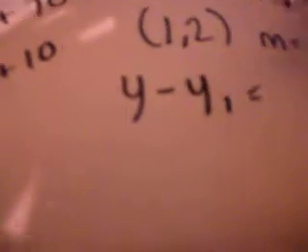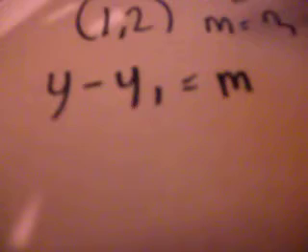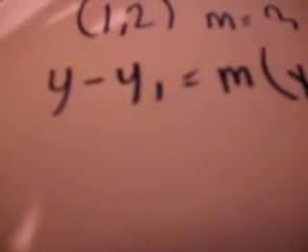And the last thing they can give you would be, here is a point, (1, 2), and slope is 3, write an equation. The equation for that is basically y minus y1 equals m times x minus x1.